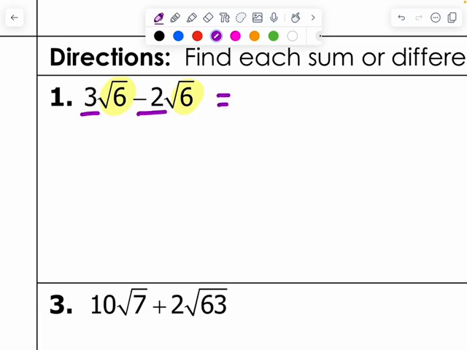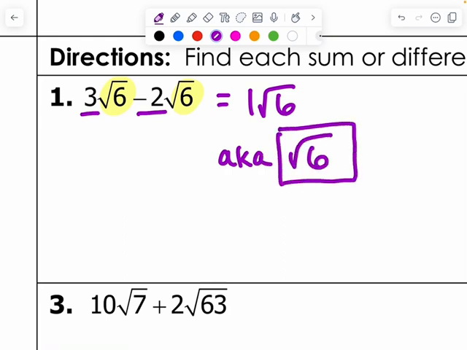Well, 3 minus 2 is 1. So we have 1 radical 6. You can write 1 radical 6, but really it's just radical 6. Essentially we are combining like terms. Like 3x minus 2x is 1x. 3 radical 6 minus 2 radical 6 is 1 radical 6.